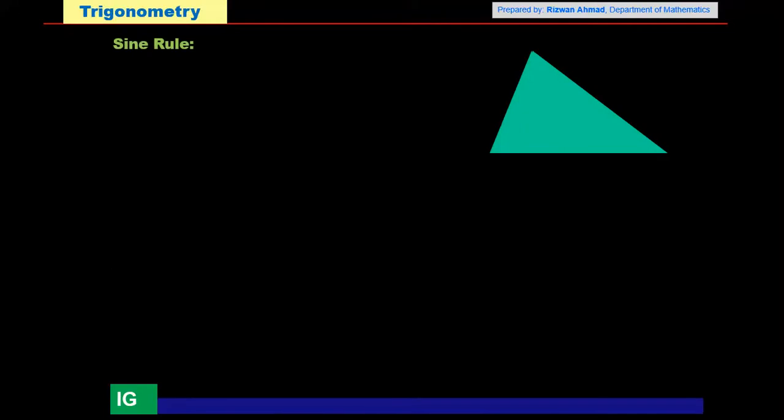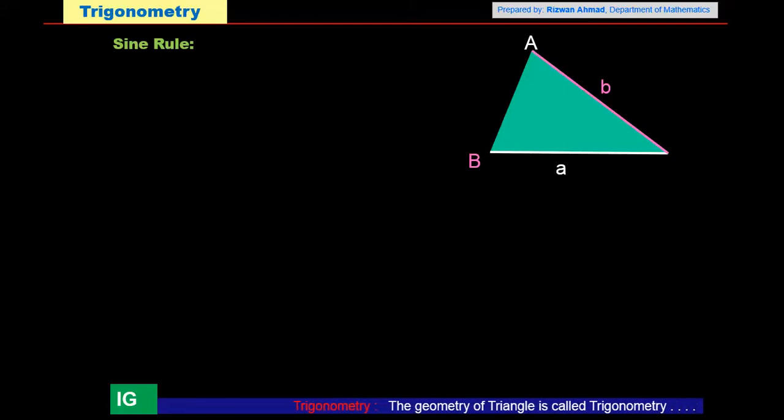So again consider this triangle with sides a and b and the angles A and B. So if two sides and two angles are under consideration in a triangle, out of these four quantities, one quantity is missing and the three are given. Then we can use the sine rule.